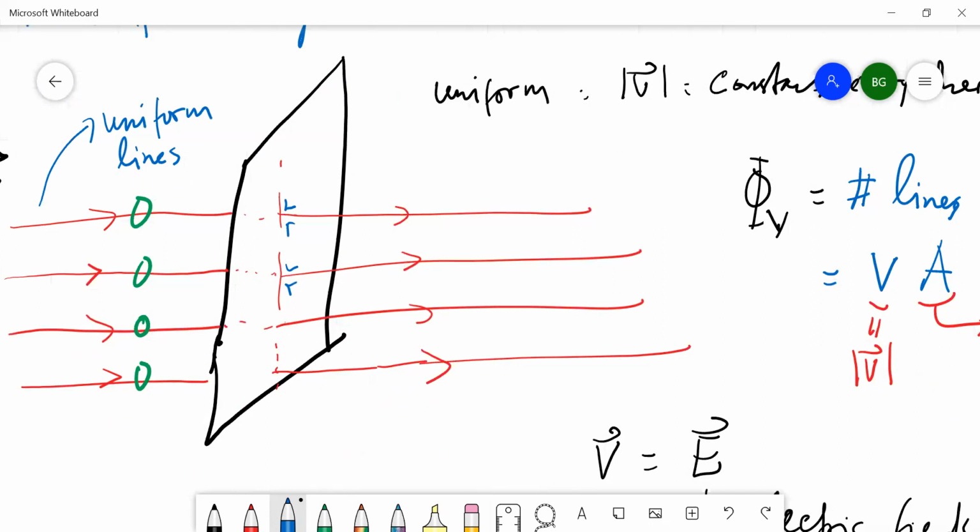It means that they are parallel to the normal vector of the rectangular surface.